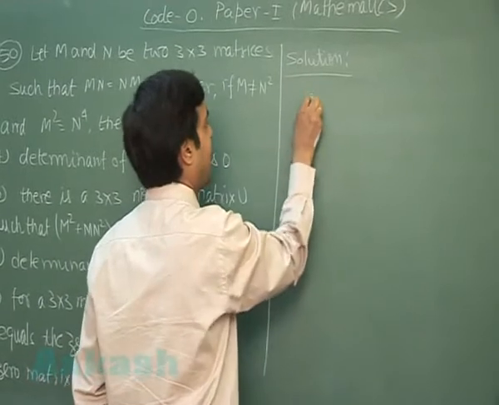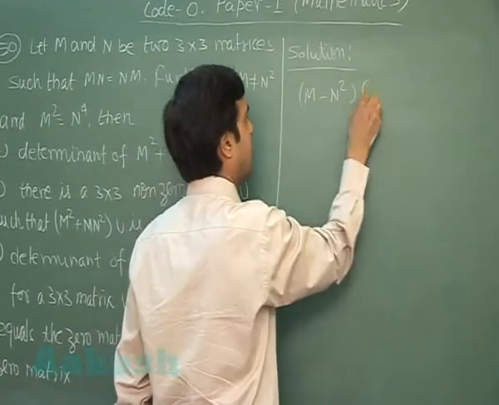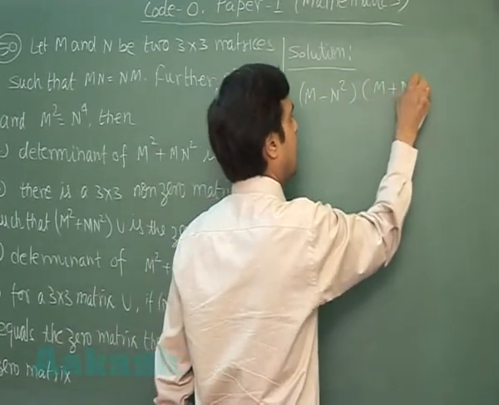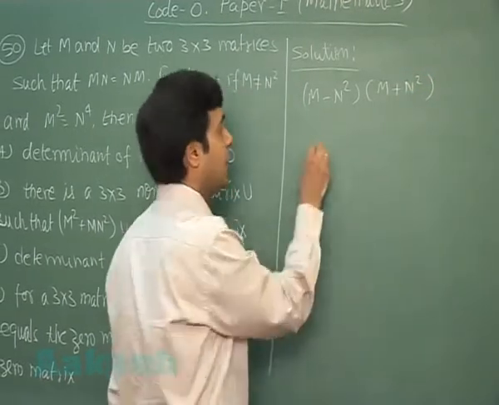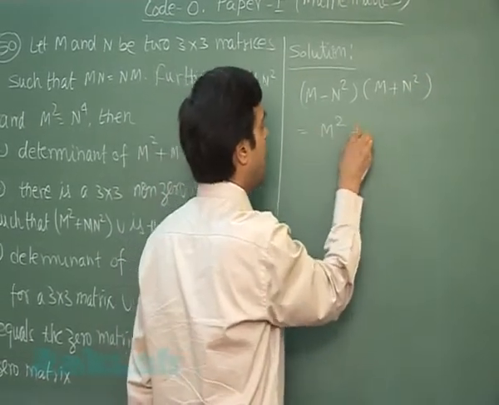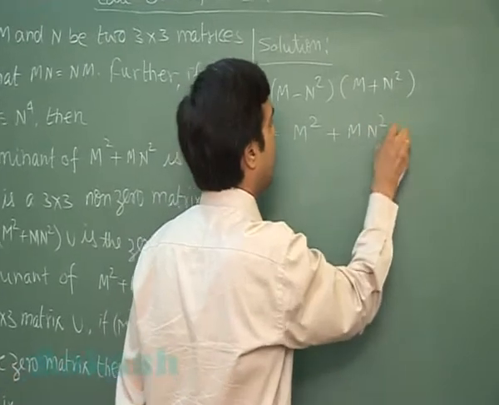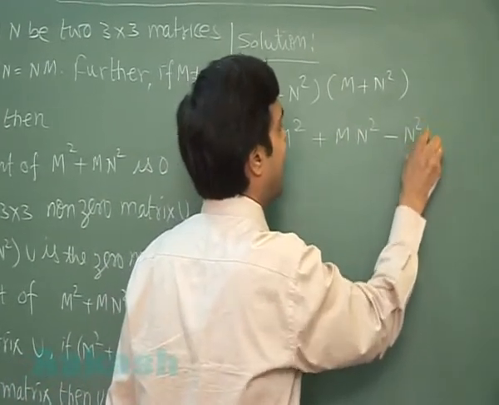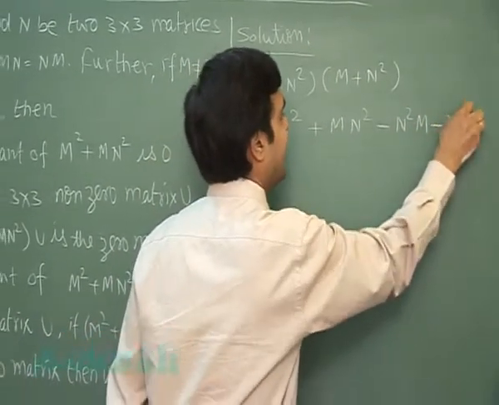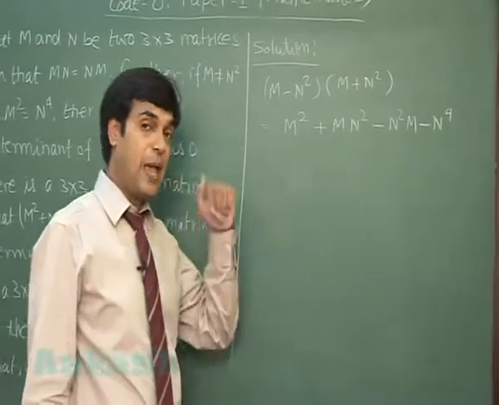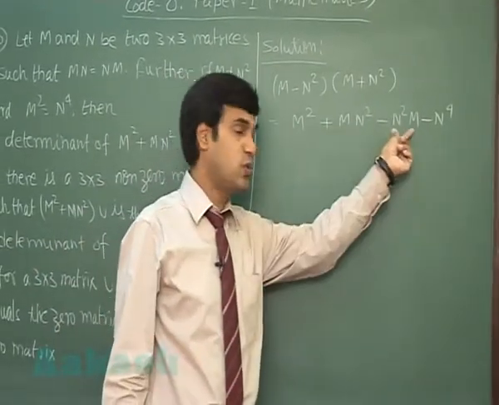So let's start this question by multiplying these two matrices. It gives me M square plus MN square minus N square M minus N to the power 4. Since MN equals NM, we can see these two cancel.